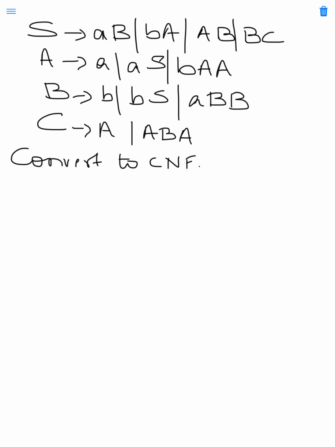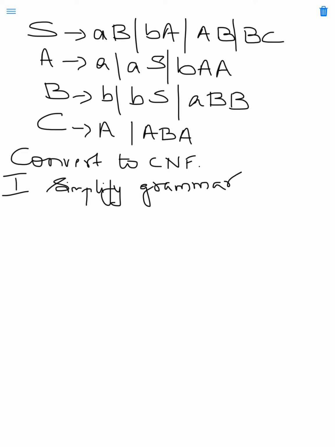So here we can see another example to convert the grammar to CNF. First step is to simplify the grammar, that is to remove the useless symbols and unit productions as well as the epsilon productions from the grammar.